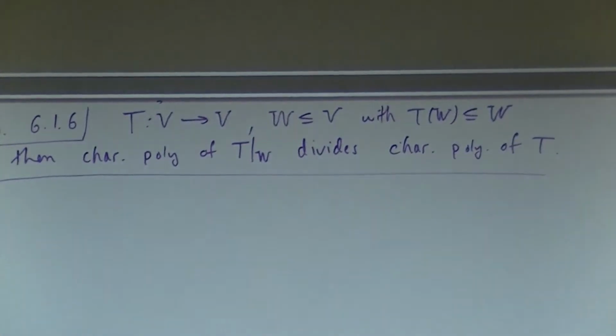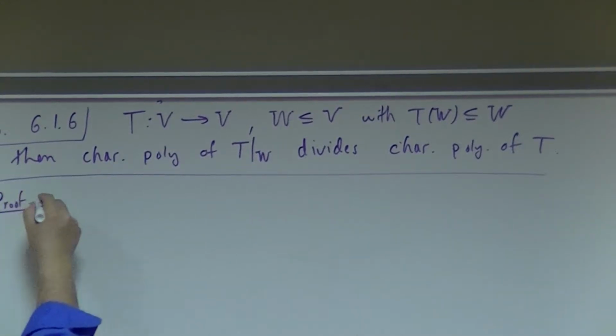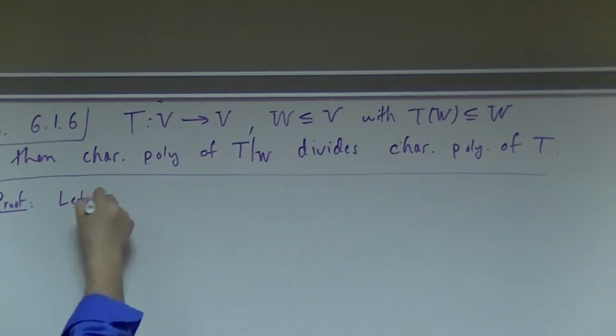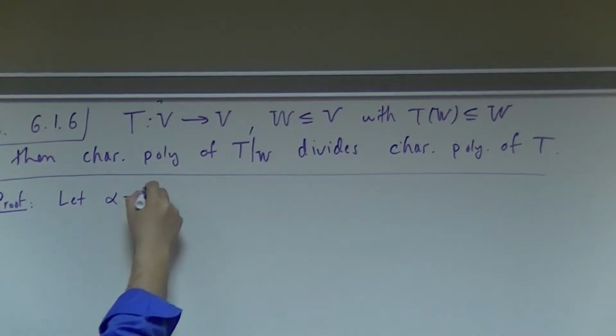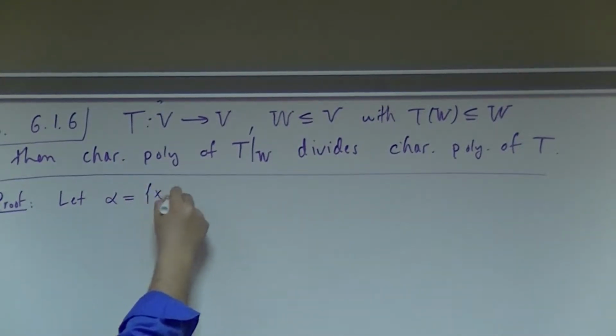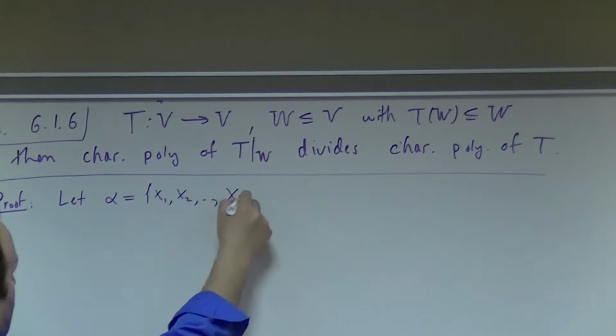All right. So here's the proof. What we do is we let alpha equal x1, x2, up to xk.